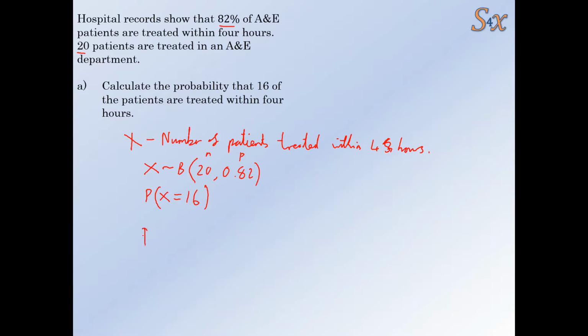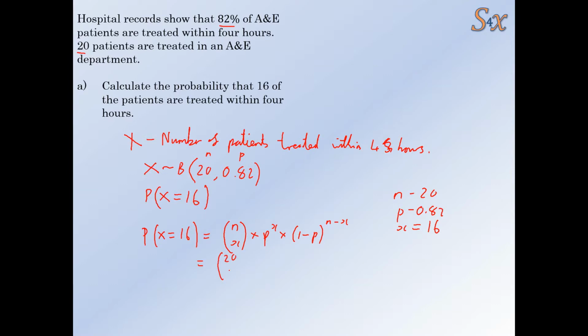So the probability of x equals 16 is, now if you remember, the formula looks something like this: nCx times p to the x times 1 minus p to the n minus x. Now we've got n is 20, p is 0.82, and x is 16. So all we do is fill all that in.